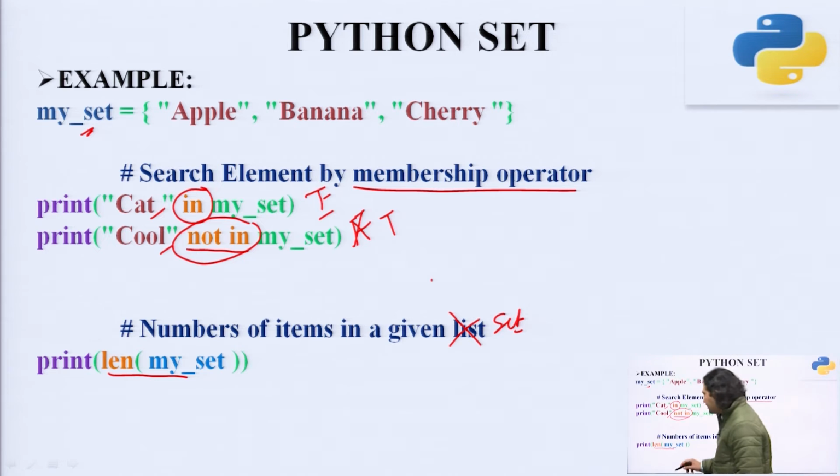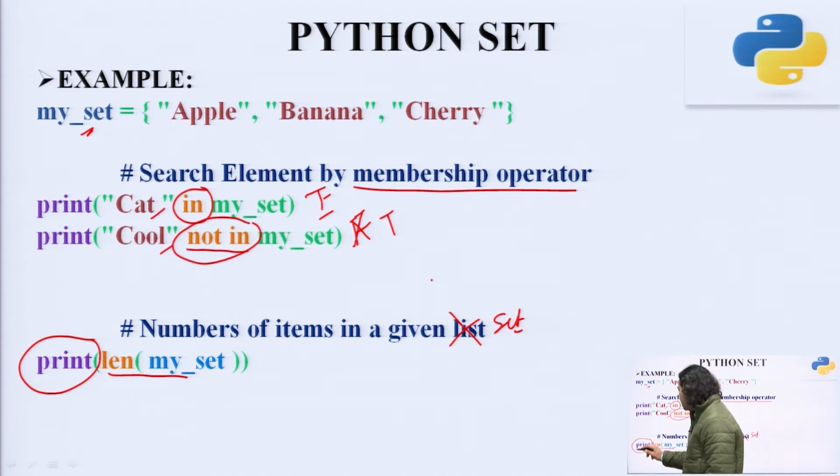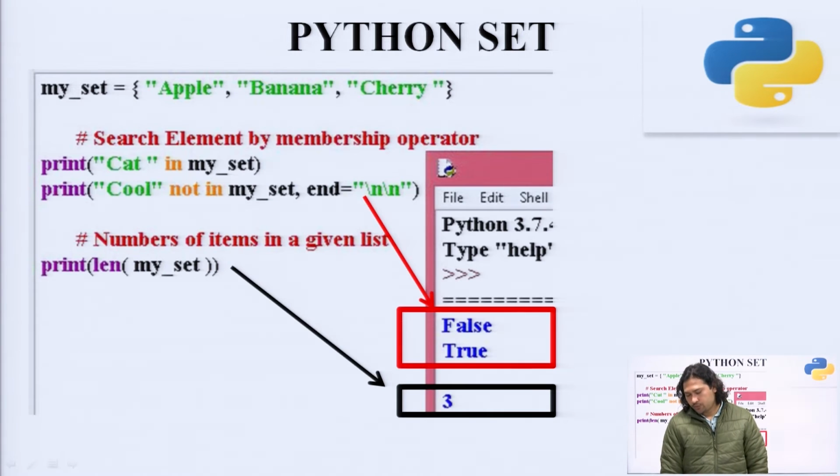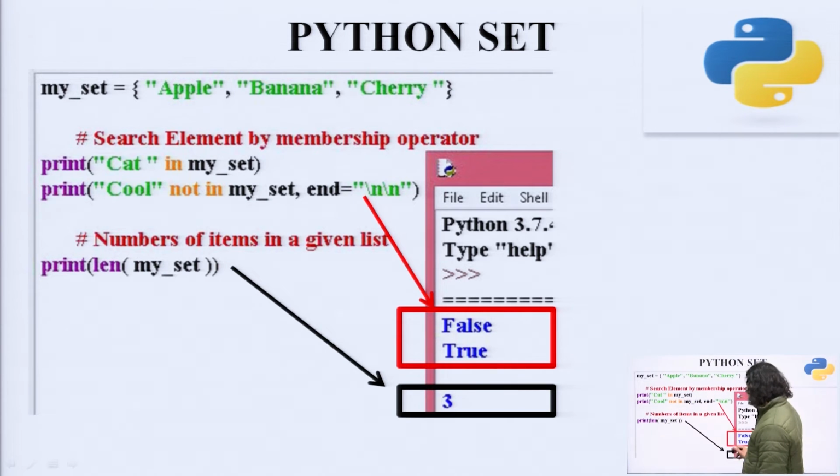The good practice is to use the print function, because the print function is the only function available to give you the output. You can justify it by running the program, and here you can see false and true, and the last one is 3 because we have 3 elements.